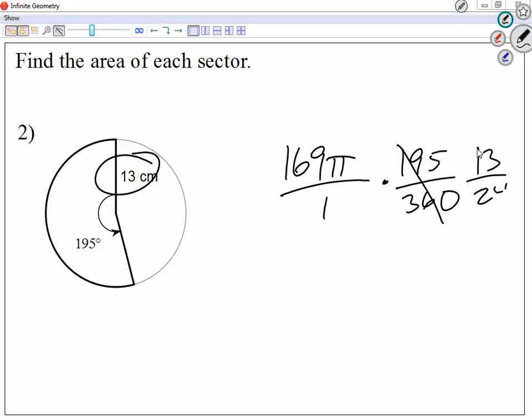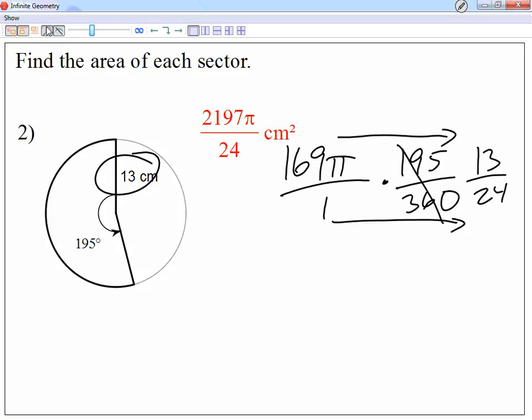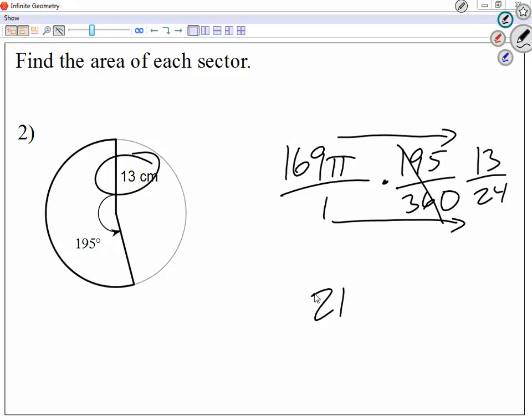Good, thank you. I know 13 and 169 could both be divided by 13, but since I multiply sideways, that's the only way I cannot simplify. So we will have to deal with it. 169 and 13, let me multiply that out. 169 times 13 should give you 2,197 over 24.